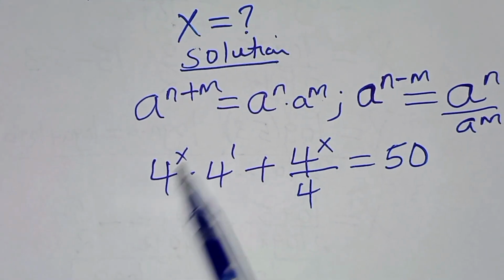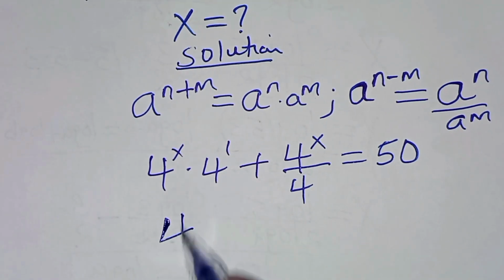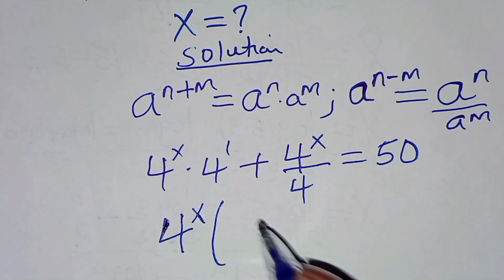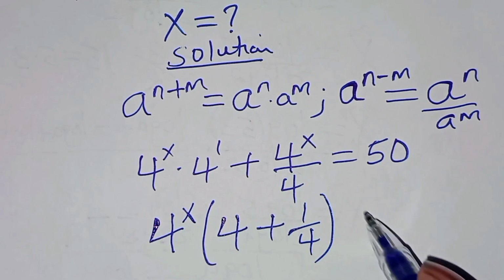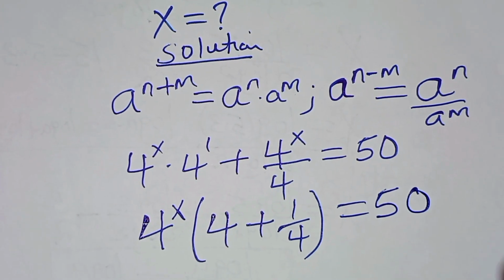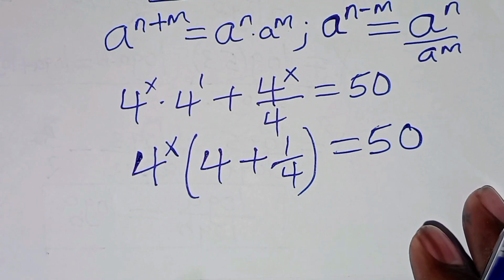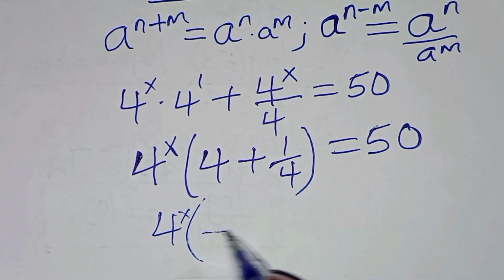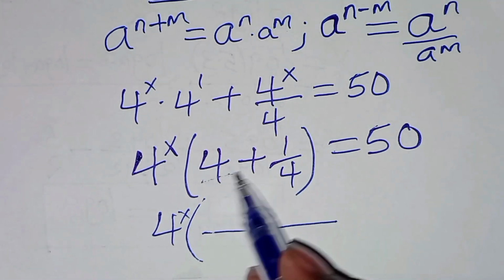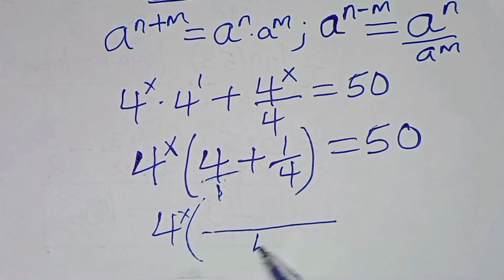The next step here, 4 to the power x is common, so let's factor out 4 to the power x, so that we'll have 4 plus 1 over 4. This is equal to 50. Now, in the parentheses, the LCM is 4.